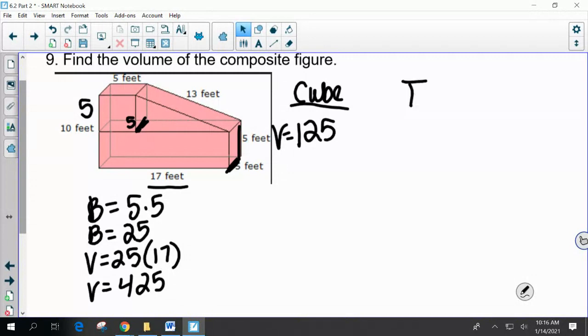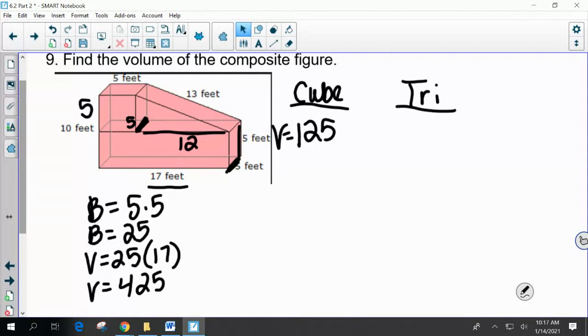Okay, so then for the triangle, what are our 3 numbers? 5, 9, 17, 12. Okay, very good. So we have to get this length right here. So we have to take 17 minus 5. 12. So this would be 12. This width of the triangle would be 5.